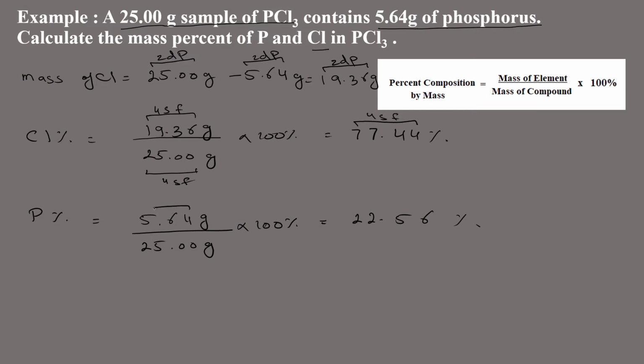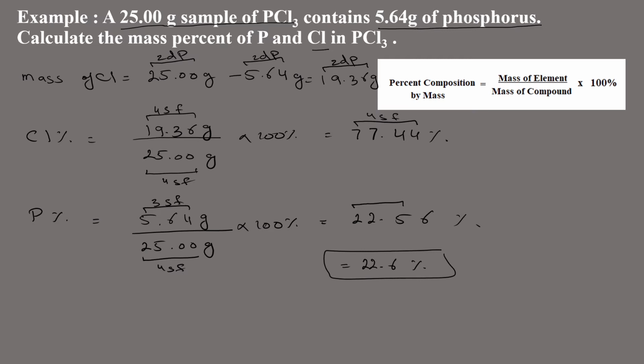So here we have 3 sig figs, 4 sig figs. So we have to round our answer to 3 sig figs. The number after the last digit to be kept is greater than 5, so we are going to round up, and this will be the answer for the percent composition of phosphorus.